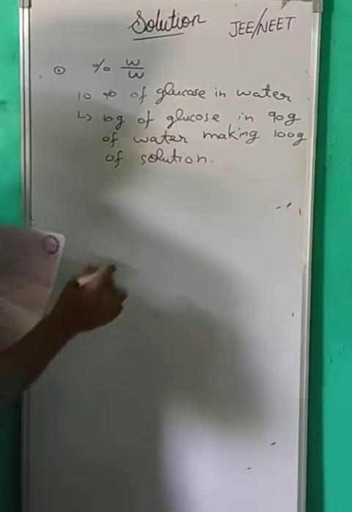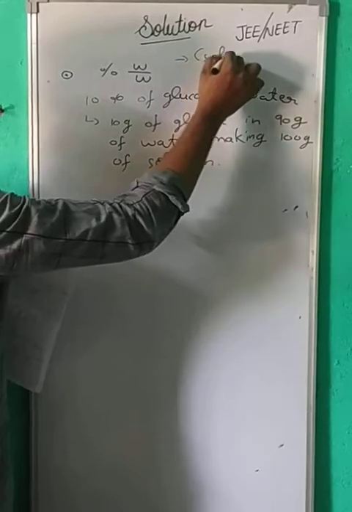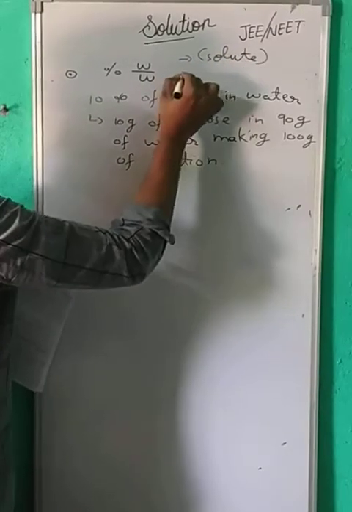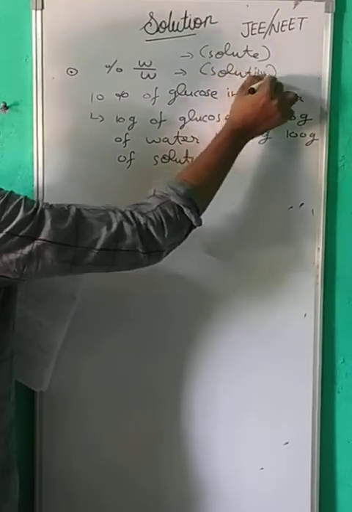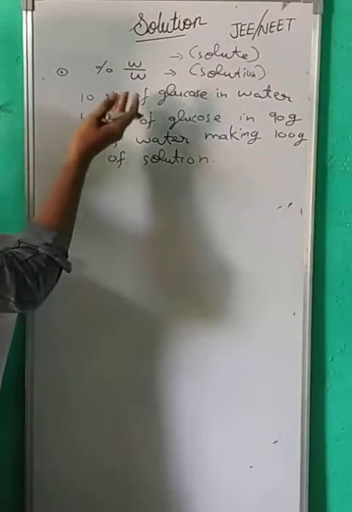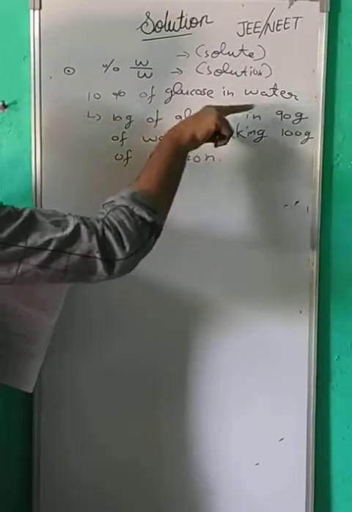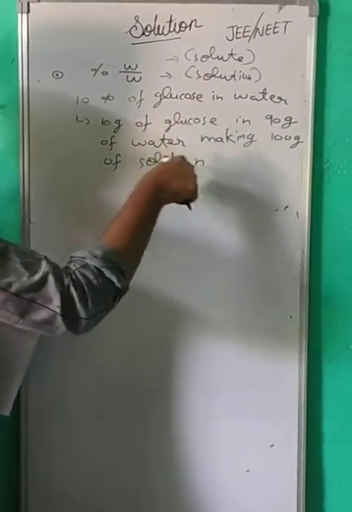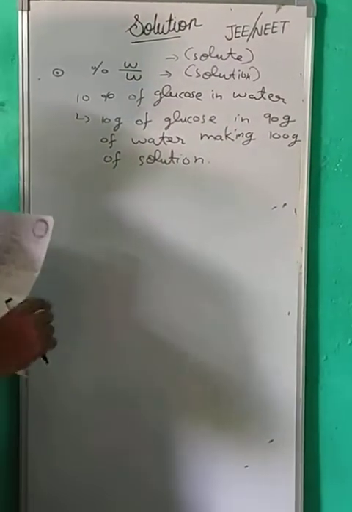mass percentage. Here the numerator will show the mass of solute and the denominator will show the mass of solution. If it is given 10% weight by weight of glucose, that means 10% of glucose in water means 10 gram of glucose mixed in 90 gram of water to make 100 gram of solution.